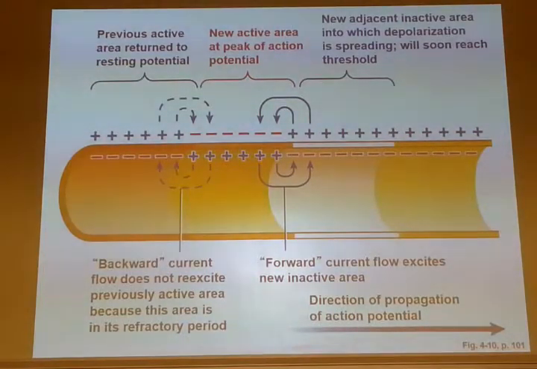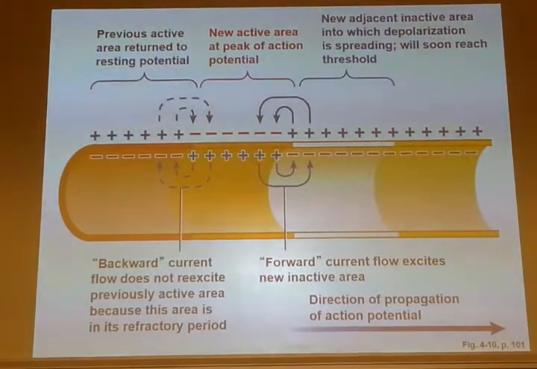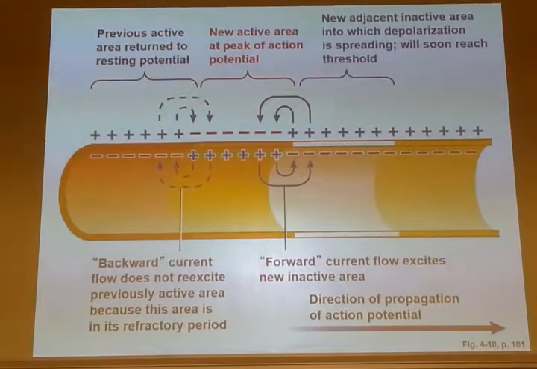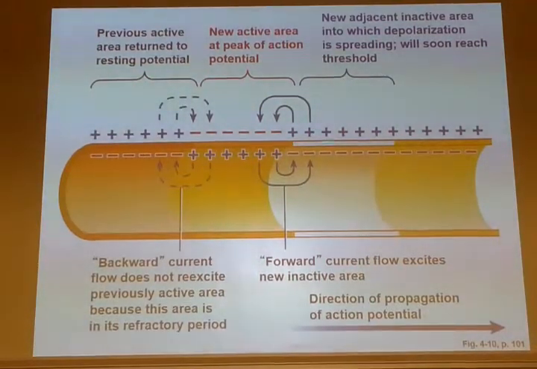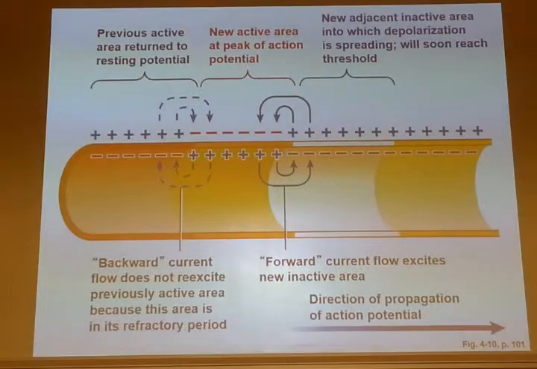Not just a little bit due to resting membrane potential, but a big negative charge upstream. So it's not going to be generating backward action potentials. Only that forward current will run into channels that can reopen with that magnitude of positive charge.